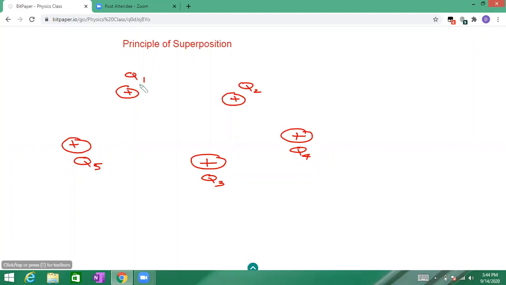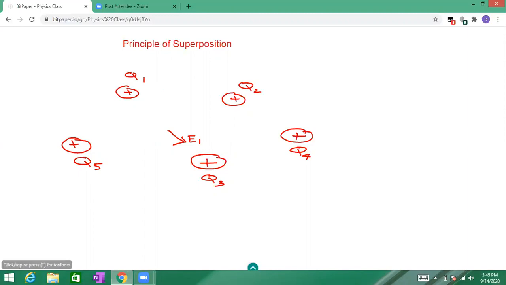Now our question is, what is the electric field intensity at this point? You see, the electric field intensity is different due to different charges, because this point is located at different distances from these 5 charges, and also the directions of forces are different. For example, due to Q1, the electric field intensity is this one. It is directed like this. It is, say, E1.